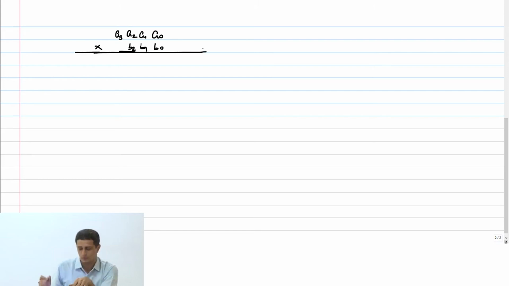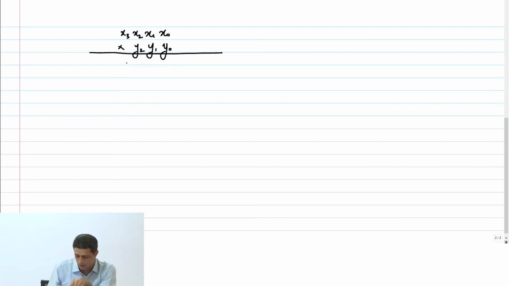Take a 4-bit number times a 3-bit number. Let me keep the notation consistent: x3, x2, x1, x0 times y2, y1, y0. So what do you get here?